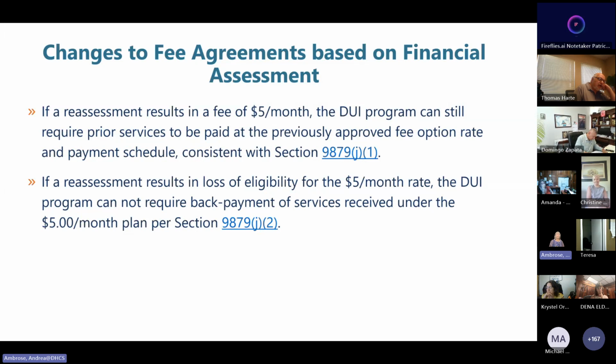Any of the services that they received prior to the time that they have become eligible for the $5 a month, you can still, of course, charge for those services at your standard approved fee-for-service rate and payment schedule. And then conversely, if a participant loses their eligibility for the $5 a month rate, you cannot go back and require payment of services that they did receive while they were under the $5 a month rate.